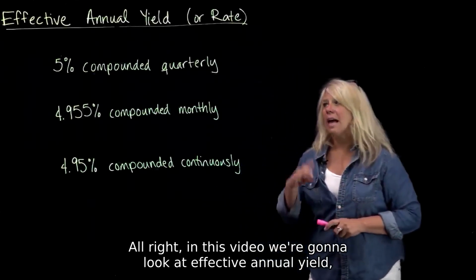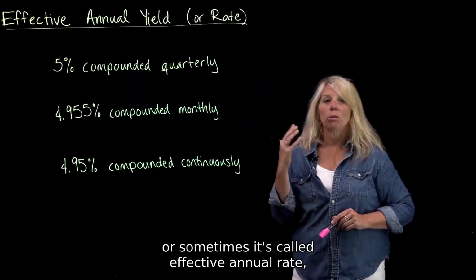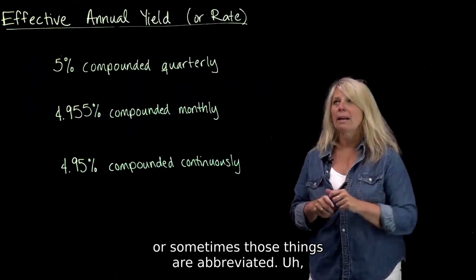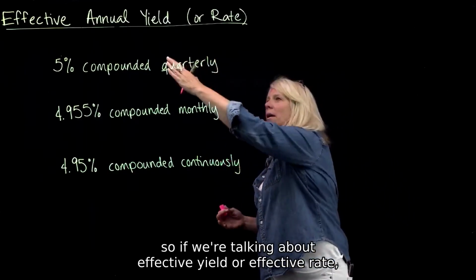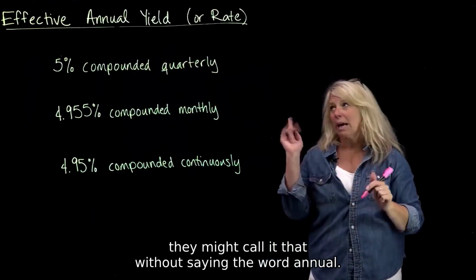Right, in this video we're going to look at effective annual yield, or sometimes it's called effective annual rate, or sometimes those things are abbreviated. If we're talking about effective yield or effective rate, they might call it that without saying the word annual.